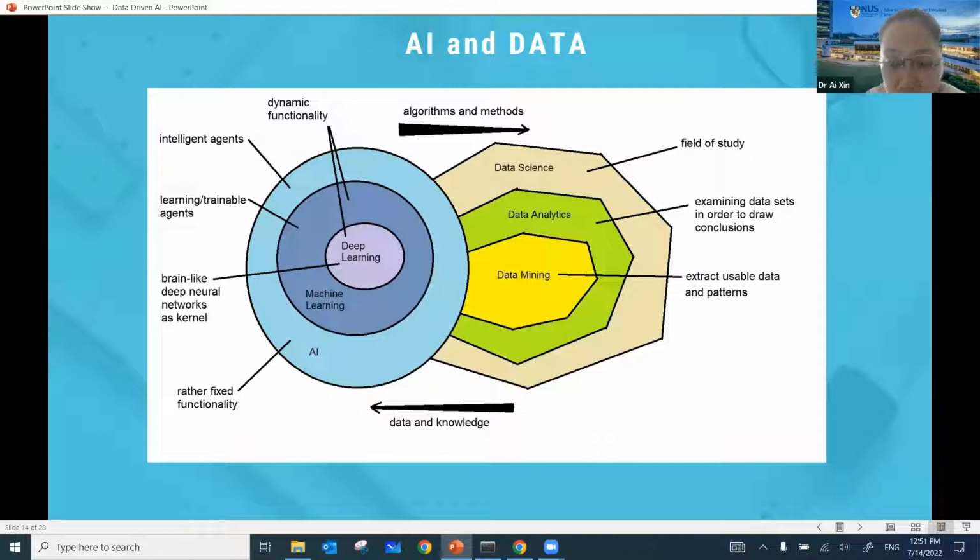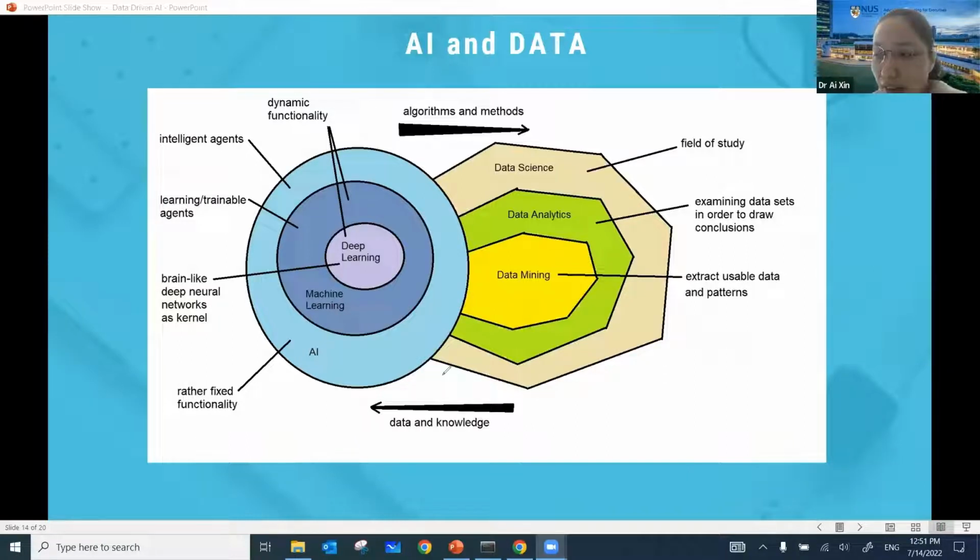Okay, so I will end the session by emphasizing AI and data. Normally you hear a lot of terminology like AI and data science. It seems they are closely related to each other.